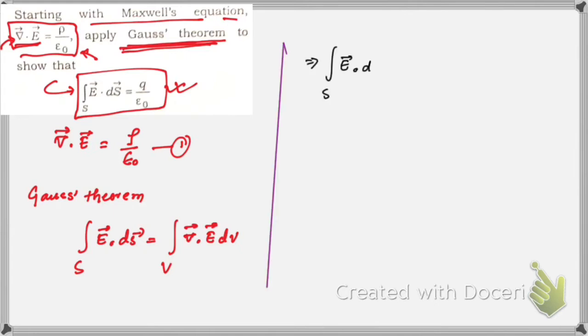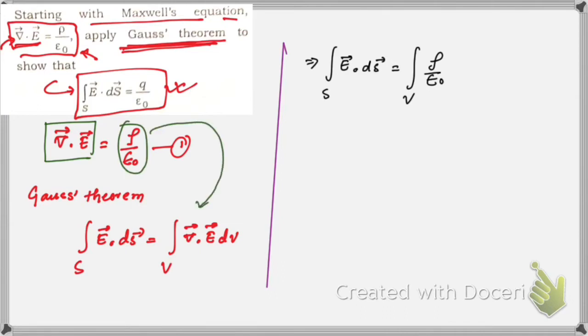Now you see, the surface integral of vector E dot ds equals the volume integral of rho by epsilon naught. From equation number 1 we have got that the divergence of E is equal to rho by epsilon naught, so we have put this value here.